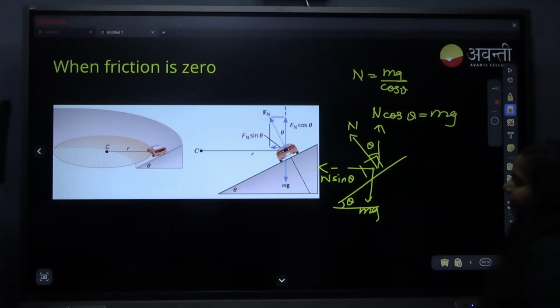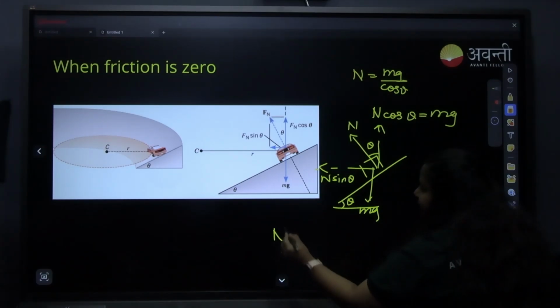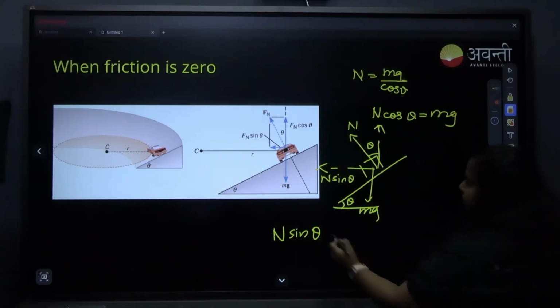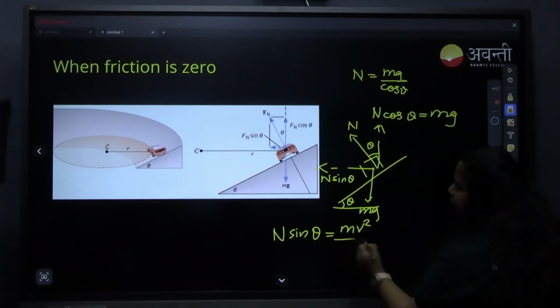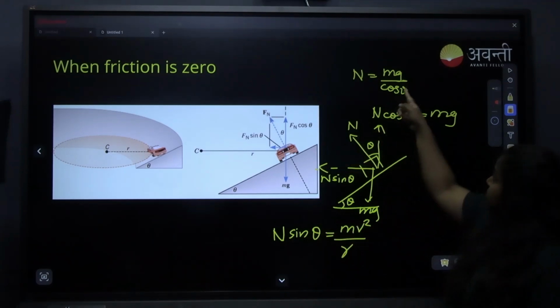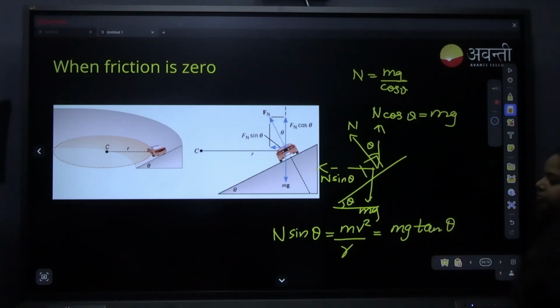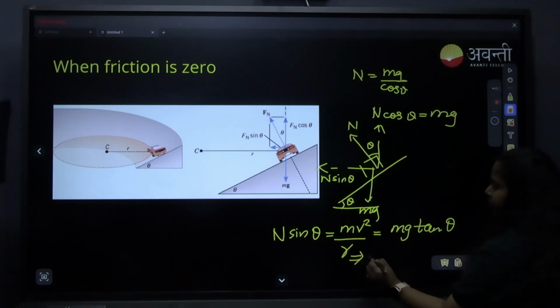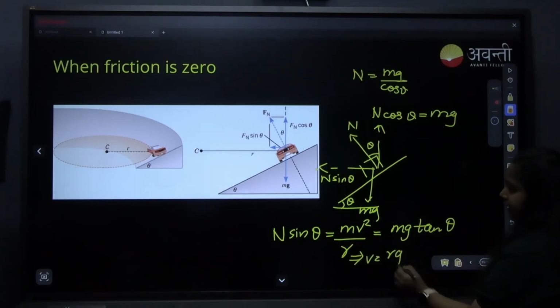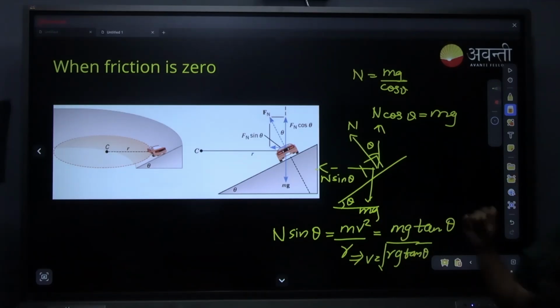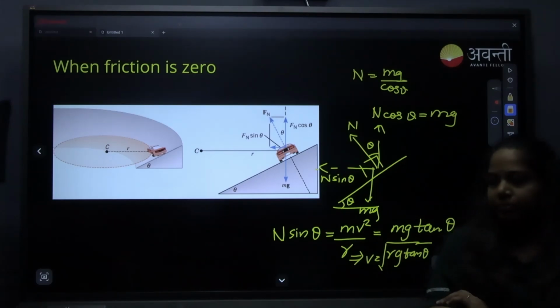We substitute that in n sin theta, which is the one acting towards the center, so that is our centripetal force. n sin theta equals mv square by r. Substituting n, we get centripetal force equal to mg tan theta. From this you can find v: v equals root of rg tan theta. This is how you get that formula when friction is not there in a banked road.